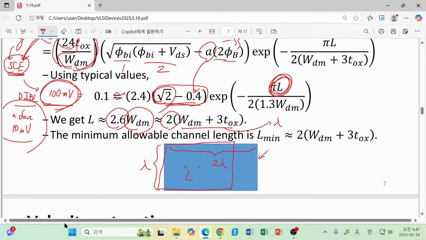What we wanted to get is the shortest L value. We wanted to reduce the shortest L value, because let's say your minimum length should be this long, and you want to integrate as many devices as possible in your technology. If your length scale is given, then at most you can integrate 2 devices.